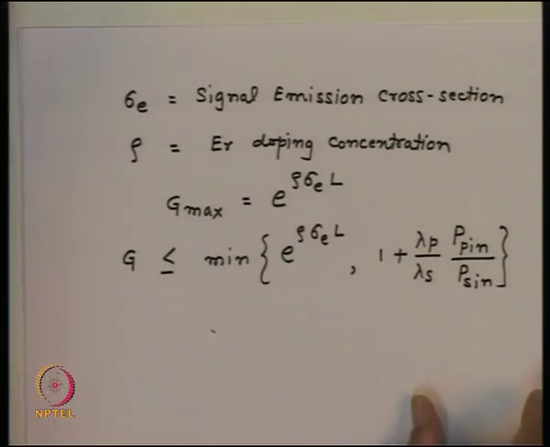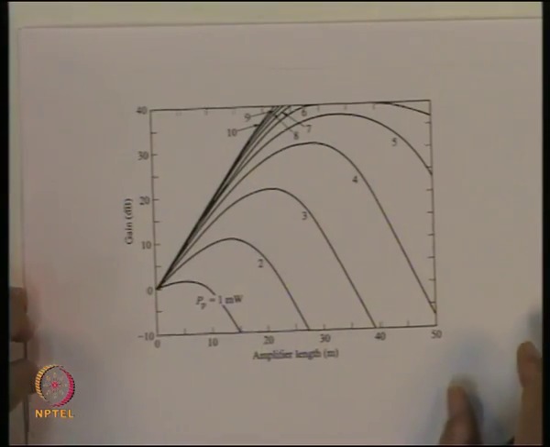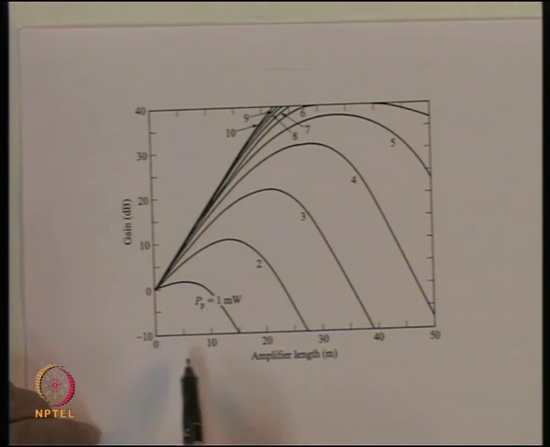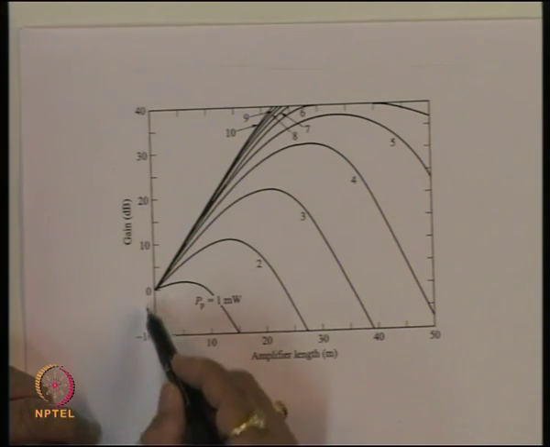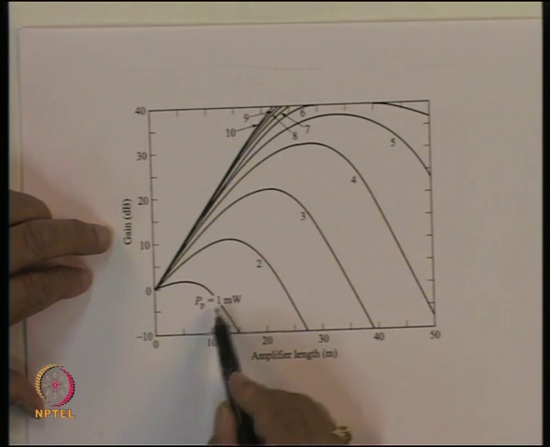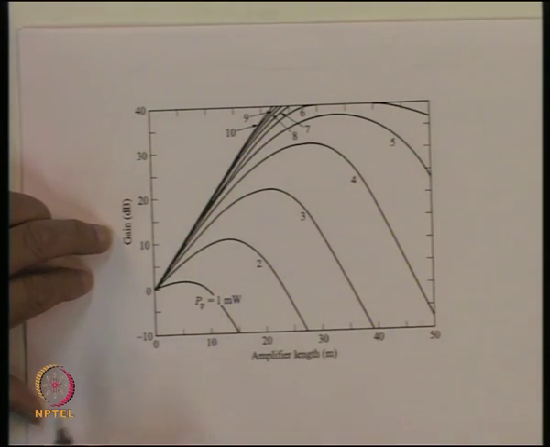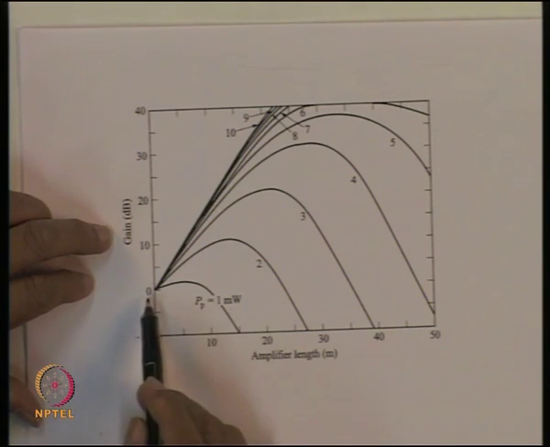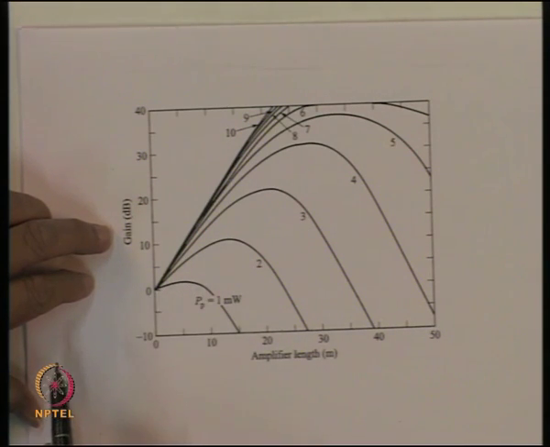So, if you take this gain and plot it as a function of length, a typical gain characteristic of the EDF would look like that. What is shown here? We have the amplifier length, EDF length, and this is the gain of the amplifier given in dBs. And these are the curves for different pump powers. If you have a 1 milliwatt pump power, you will get a maximum gain very close to 0 dB.